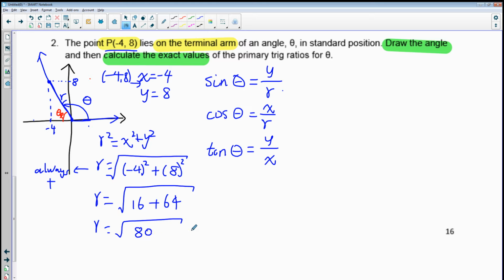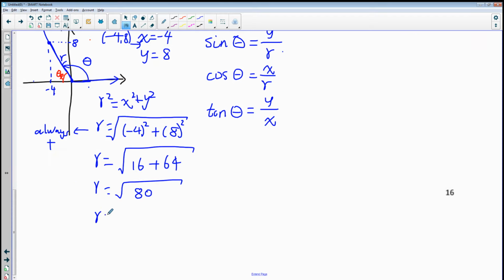Then we simplify this expression. 80, of course, is 16 times 5. You may want to take some time to get that, but I'm just going to simplify it right away. Square root of 16 is 4, so it's 4 root 5.